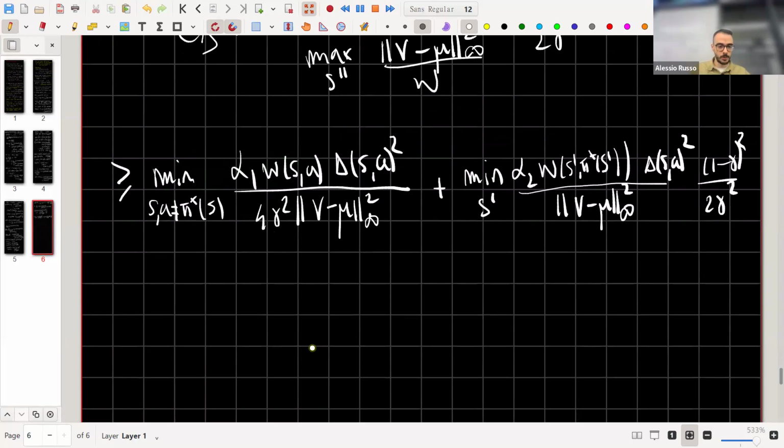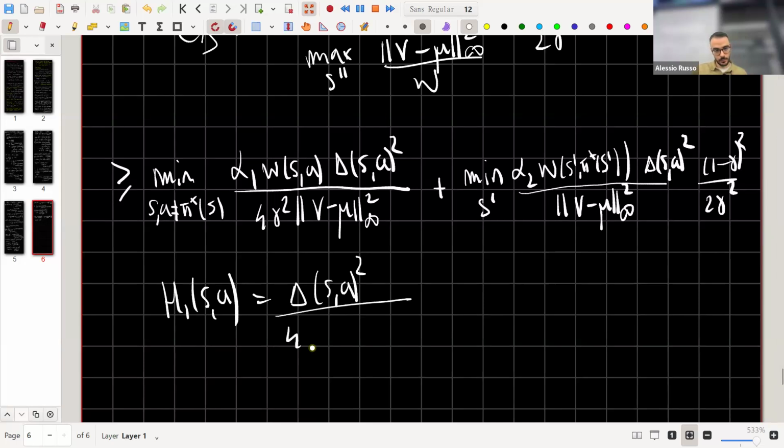So for simplicity, from now on, I will just write h1 of SA, this first quantity here, and I will write h2 of S prime, the other part.